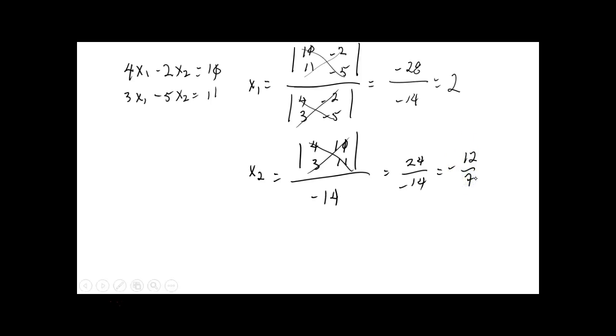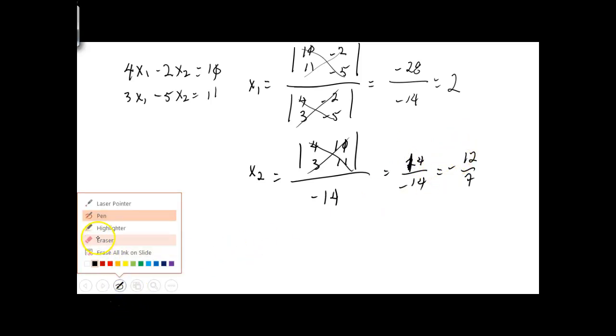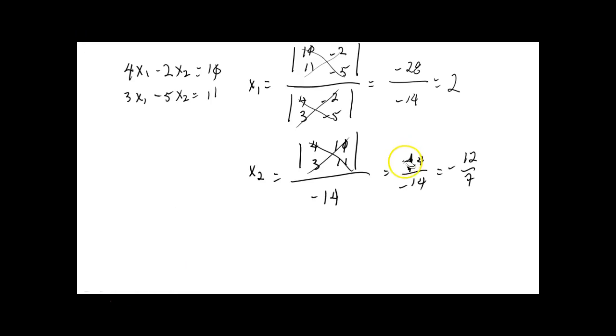Now, did I do that right? No, I didn't. 44 minus 30. Oh, it's 14. I can't subtract. And 14 divided by -14 is -1. Okay. 14 divided by -14 is -1.